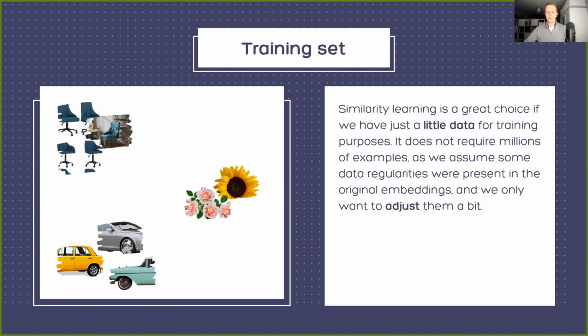But there is also another strategy. Instead of providing groups of samples, like in this case, we can also provide pairs of samples with an additional piece of information, the target similarity measure, typically a number from 0 to 1. 0 means there is no similarity. Those objects should be far away from each other in the embedding space, and 1 is a perfect match, so those samples represent the same object.